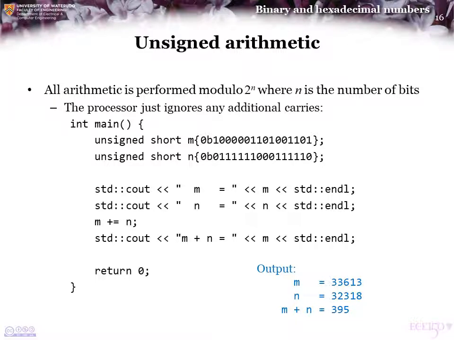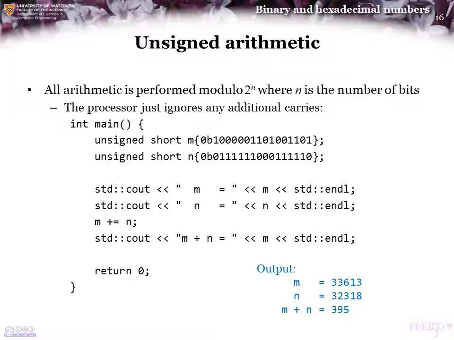Now, one thing you should be asking is, how does arithmetic work? What happens if you make a calculation that is larger than the largest possible value that can be stored in a particular type? So, for example, here I have a program with 2 unsigned shorts.